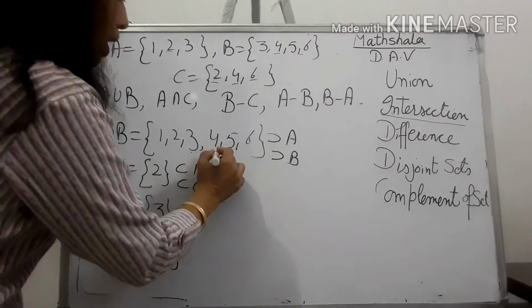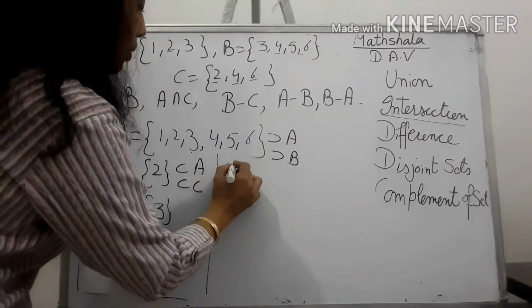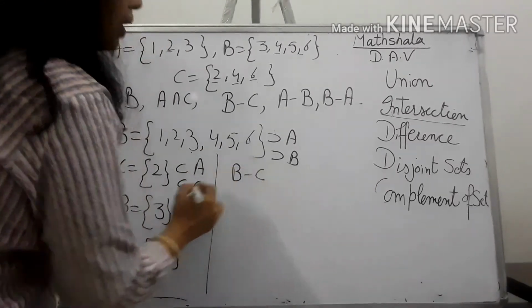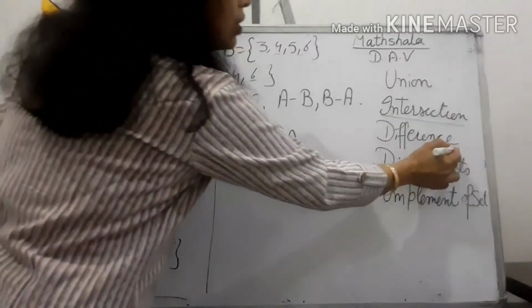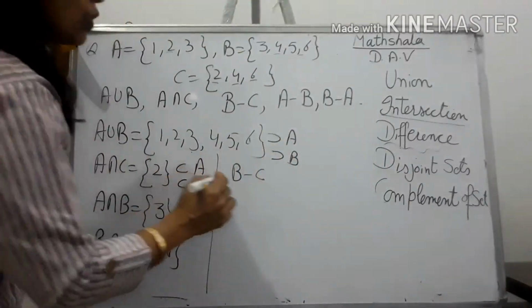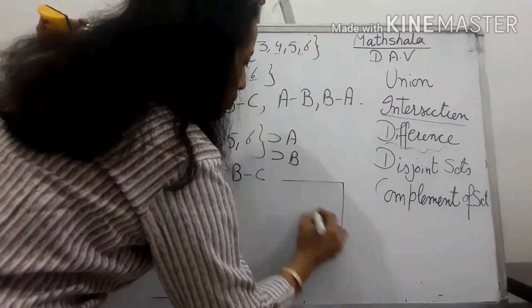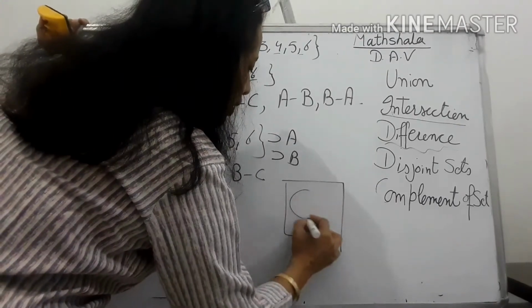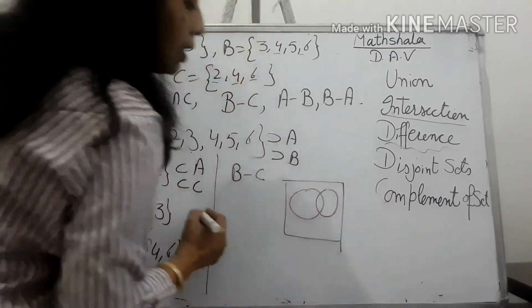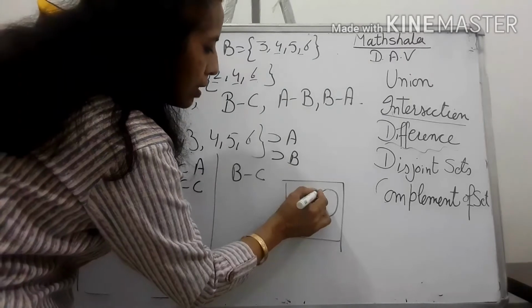Now let's come to what is B minus C. That is known as the difference of two sets. Let's see it with a Venn diagram as well.